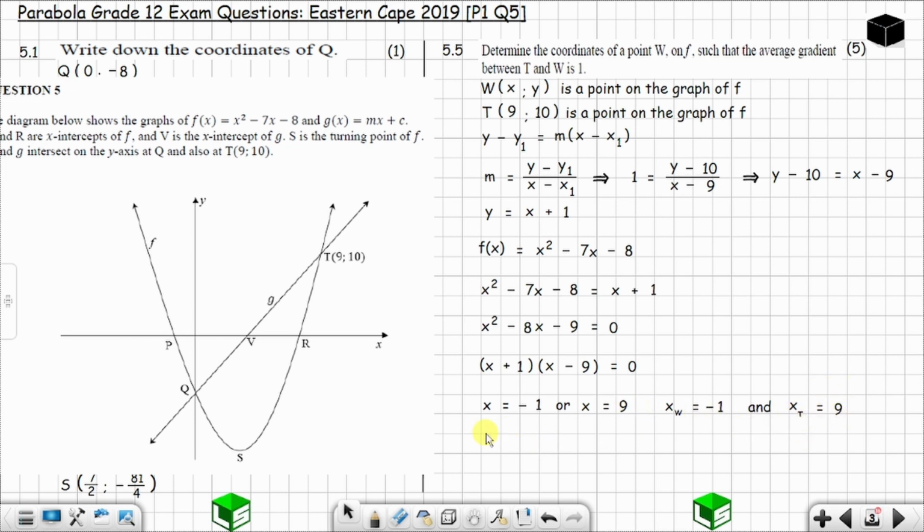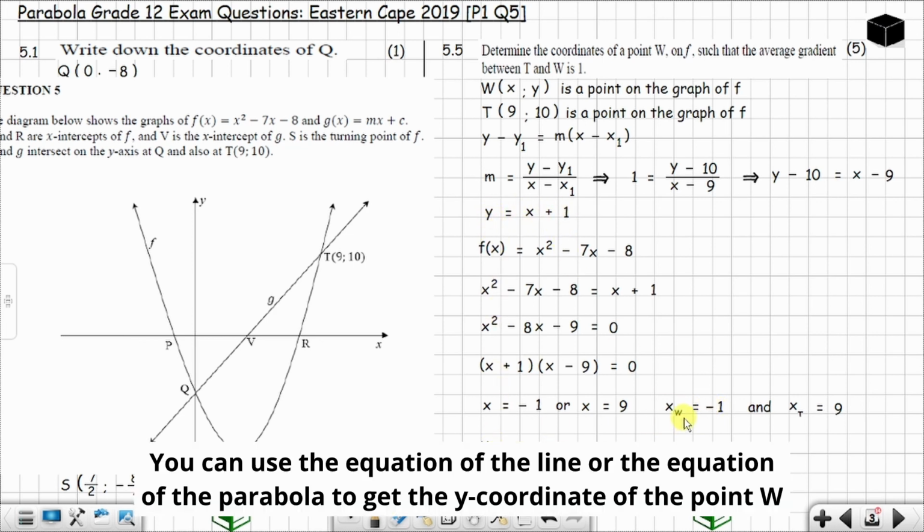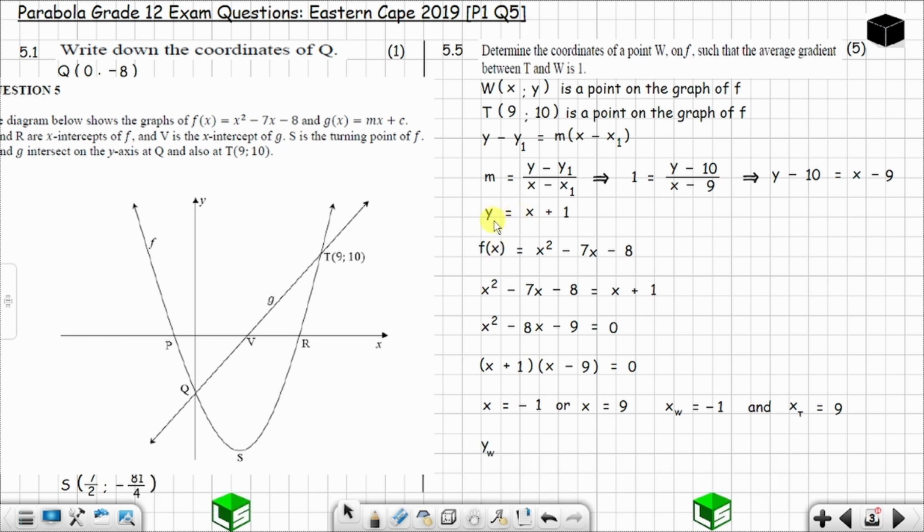Now you need the y coordinate of the point W. You are going to use this x coordinate and plug it in there to get the y coordinate of the point W. So you use this equation.